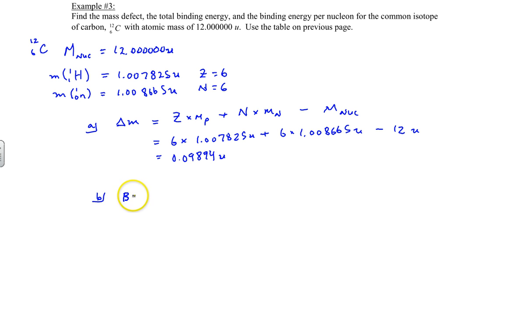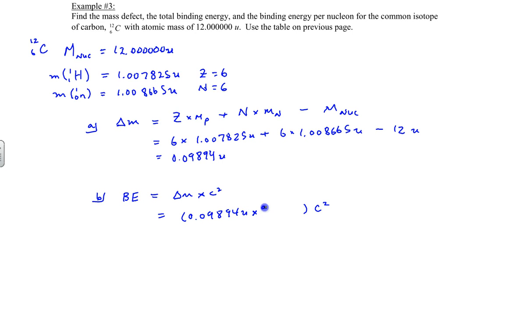The binding energy, which we'll write as BE, is equal to the mass defect multiplied by c squared. The mass defect is 0.09894 U, and we're going to be multiplying this by c squared, but it would be convenient to write this in mega electron volts per c squared.